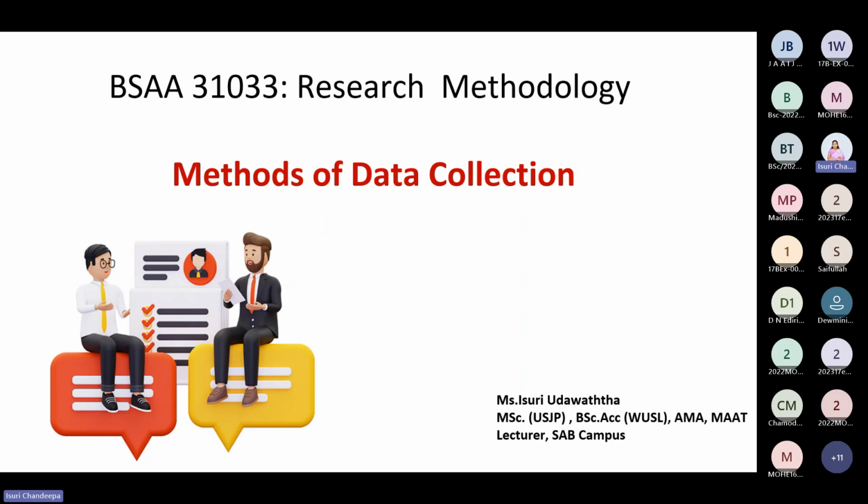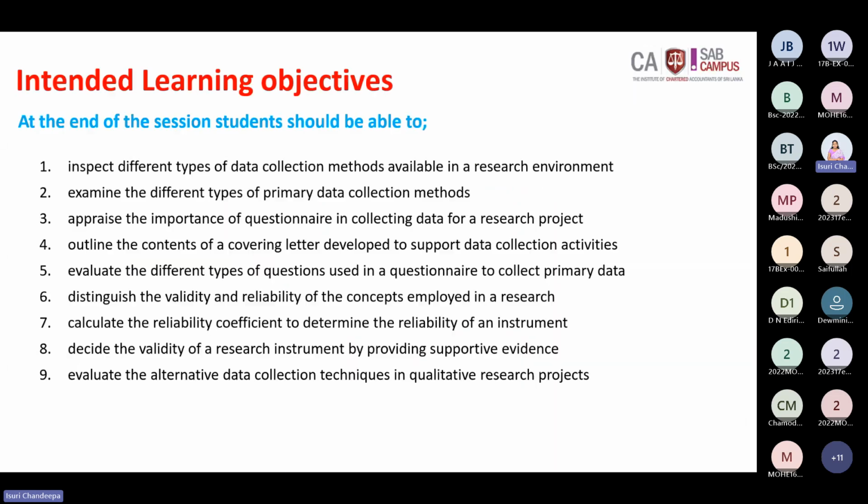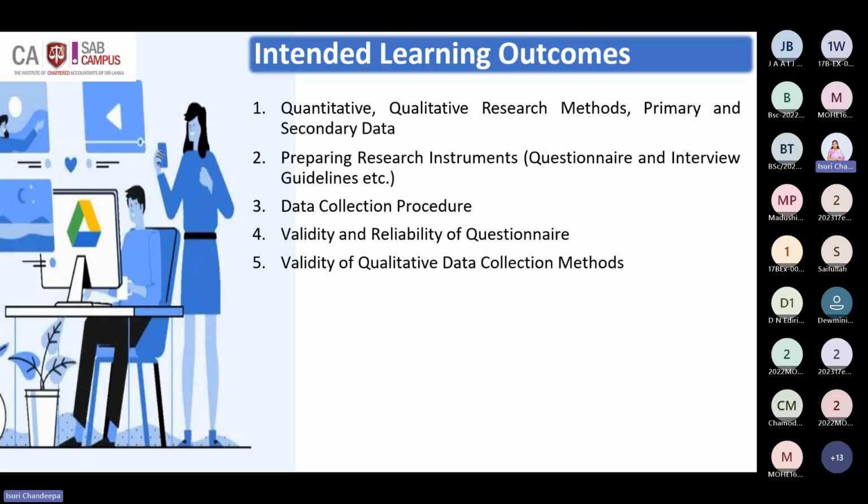So we are going to discuss the method of data collection, or data collection methods, right? These are the intended learning objectives. You can go through the learning objectives and the learning outcomes. We will discuss what we mean by quantitative and qualitative research, and primary and secondary data. You all know those things.